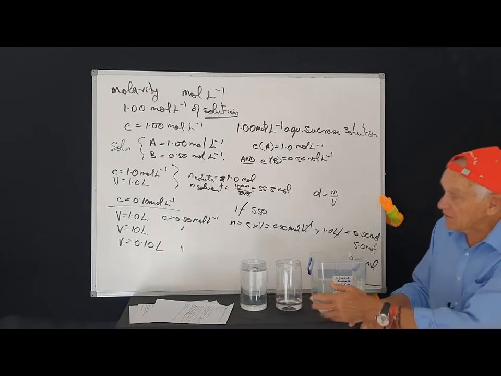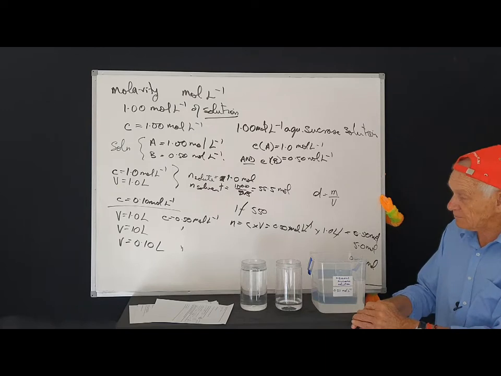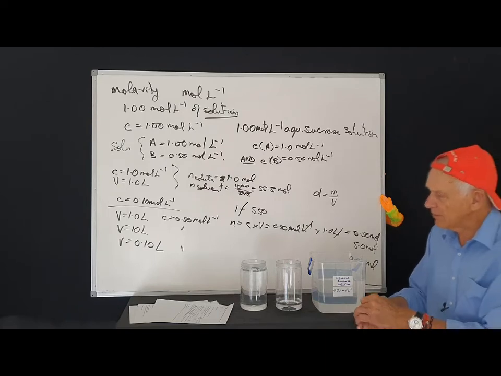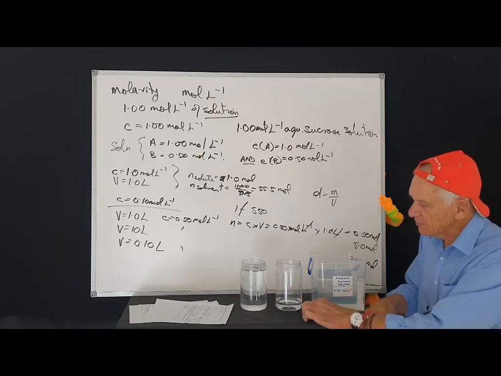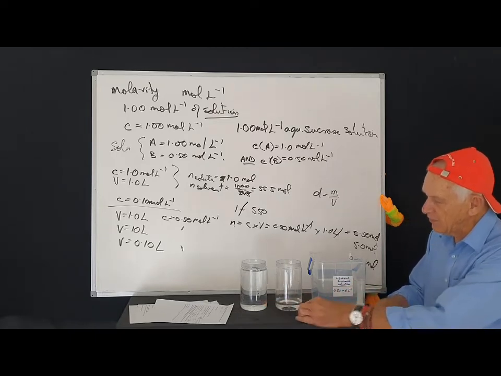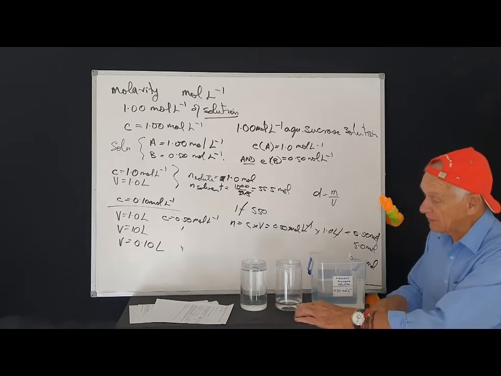Well, there's more of this, there's got to be more solute in this one than in this one. Oh, sorry, Prof. Hang on. What did you add? Water. So before you added the water, you had equal volumes of the same solution, so they had equal amounts of solute in them.